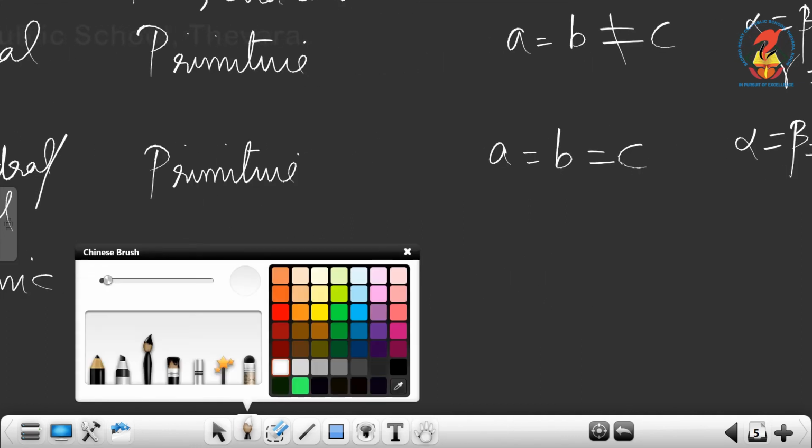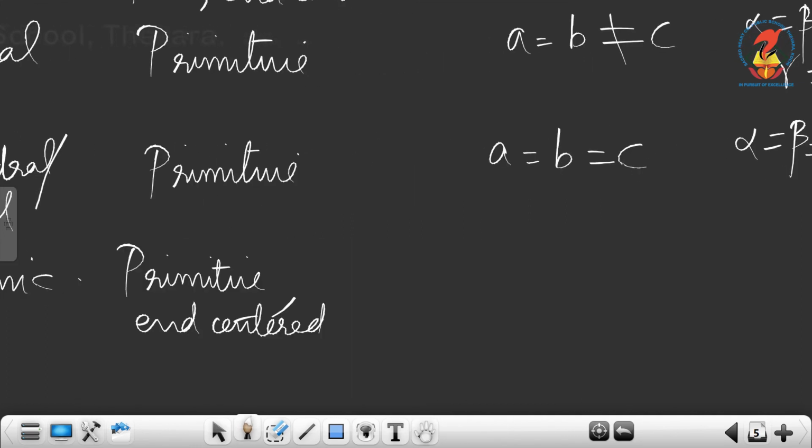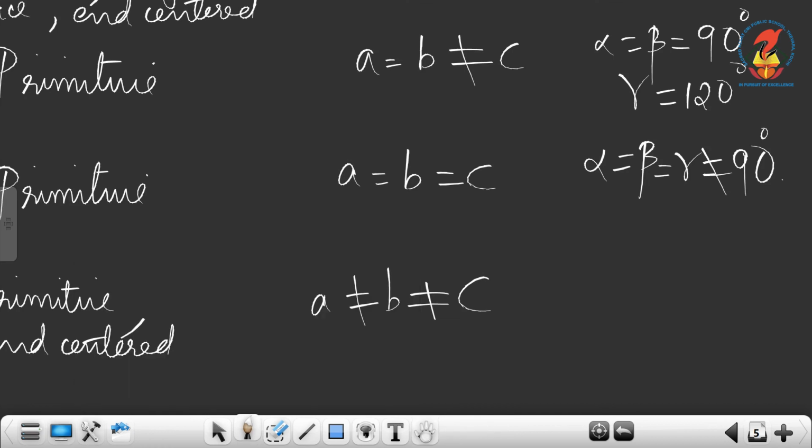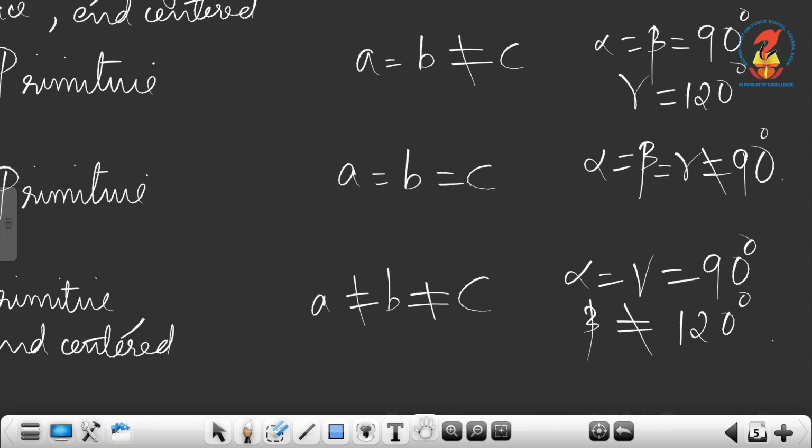Now the axial distance in monoclinic is A not equal to B not equal to C, and the axial angle is alpha equals gamma equals 90 degree and beta not equal to 120 degree.